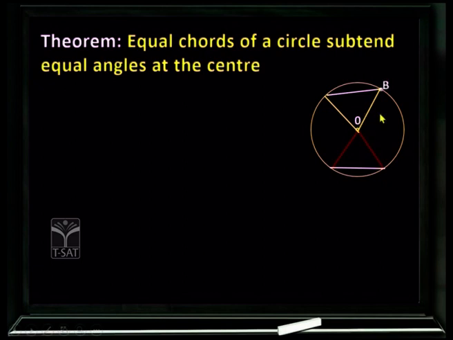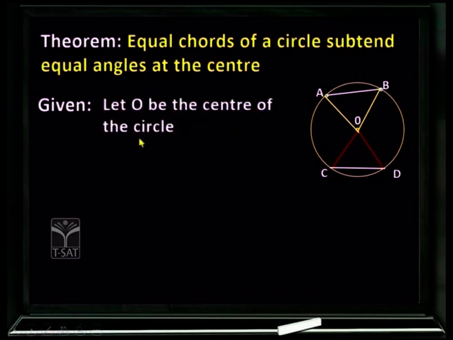So, this is a circle. Let us prove this theorem. Circle with center O, AB is a chord and CD is also a chord, and both the chords are of equal length. So, equal chords of a circle subtend equal angles at the center. Now, let us prove this theorem. What is given?